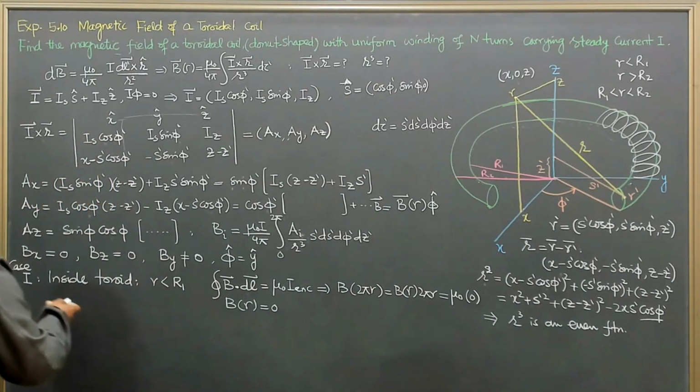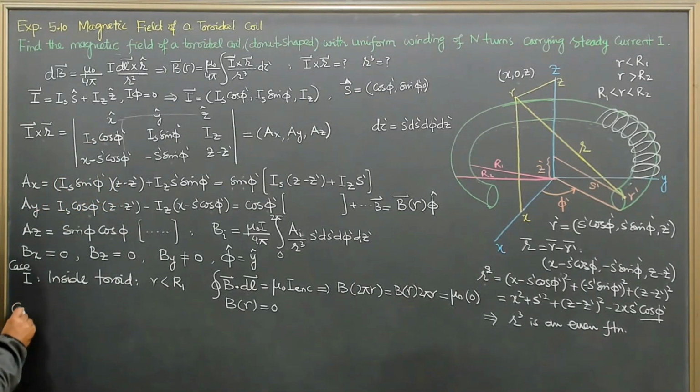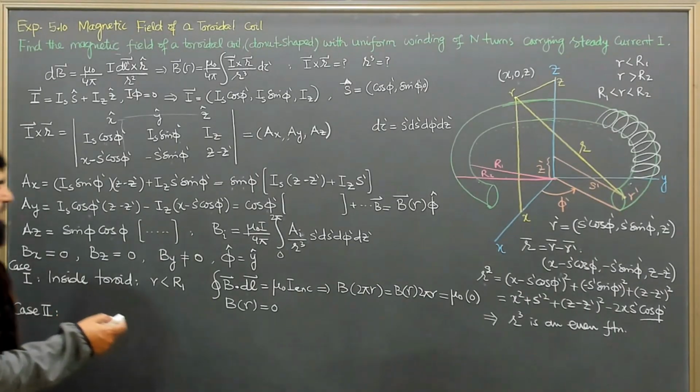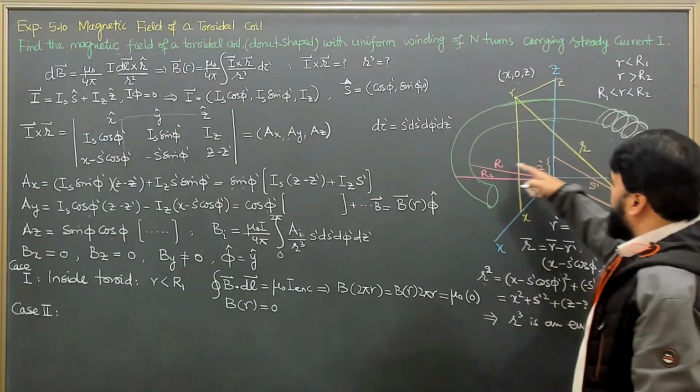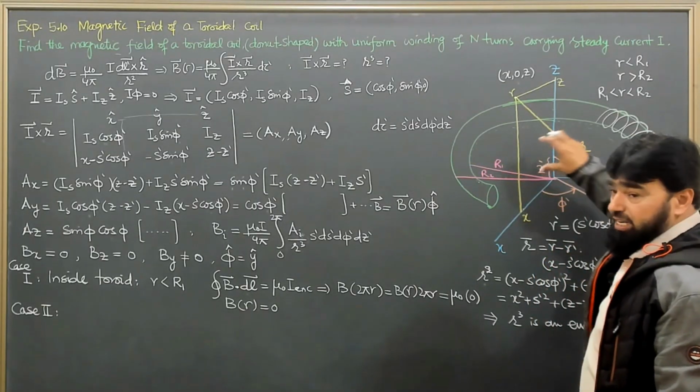And when I consider case 2, that is inside the toroid, within the winding. Because here inside the toroid doesn't mean we are in the hollow, but this one.